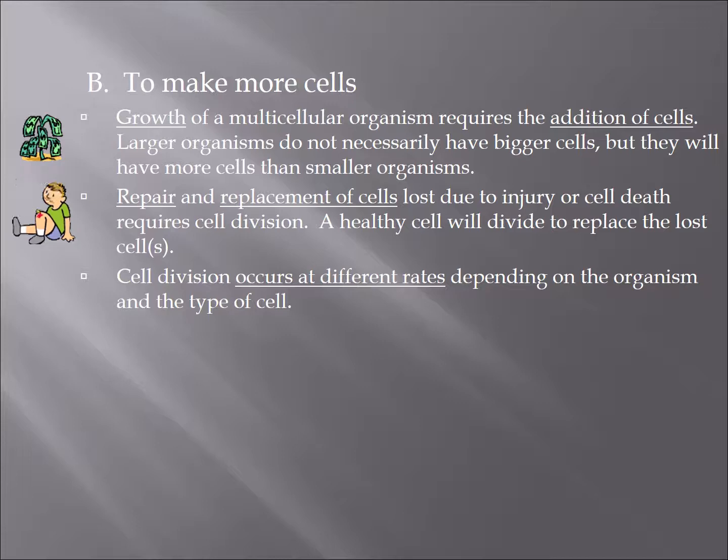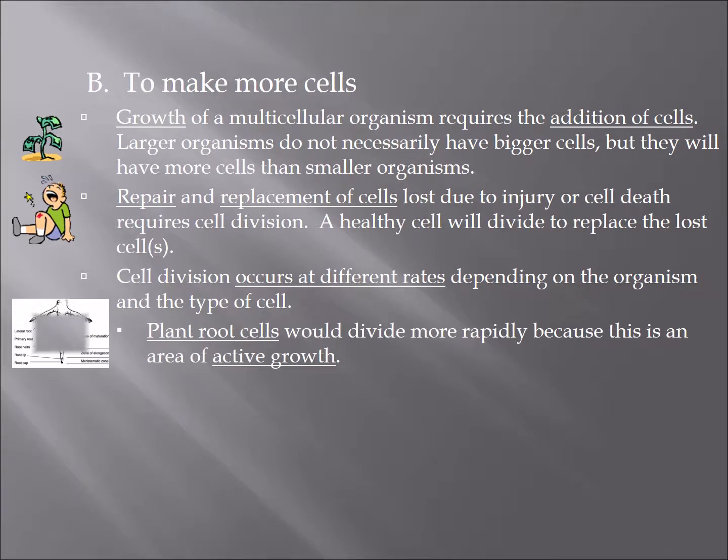All right, and cell division occurs at different rates depending on the organism, the type of cell, and where the organism is in its life cycle. Of course, there's greater cell division early on in human development, when the human is an embryo, than when they're a lot older.